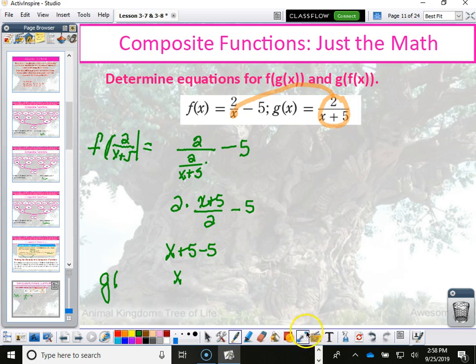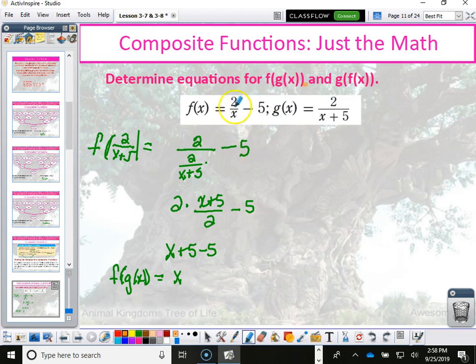This helps if I write it in the right order. So f of g of x was x. Doesn't always equal x, but at this time it did. So now we're asked to find the other way. So the other way now says we're going to take the f function and put it into the g function.